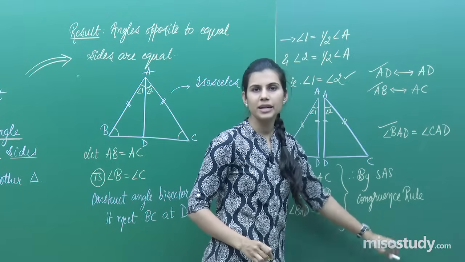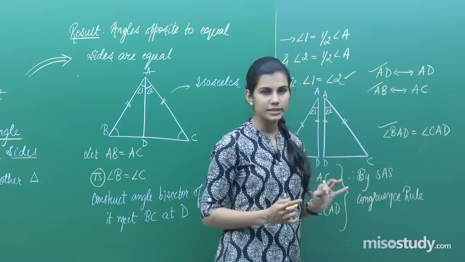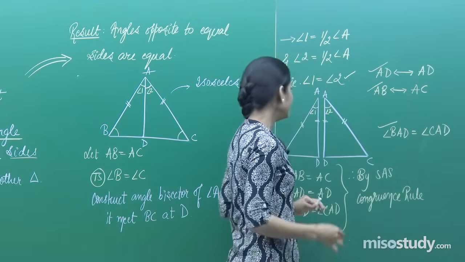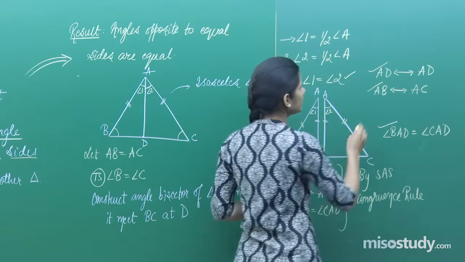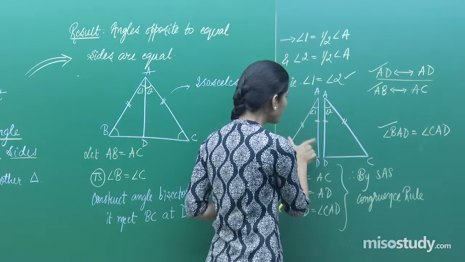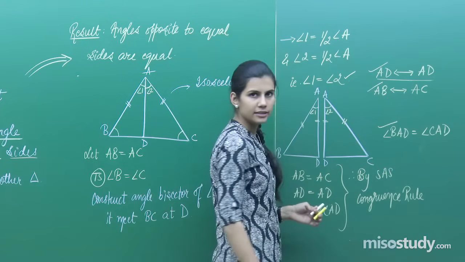On what basis will I be writing the symbolic form? For that I need the correspondence between vertices, which will be given to me in this fashion. Clearly you can see, very easily, AD is corresponding to AD. That means when this triangle is superimposed over this triangle, AD side will be covering the AD side.